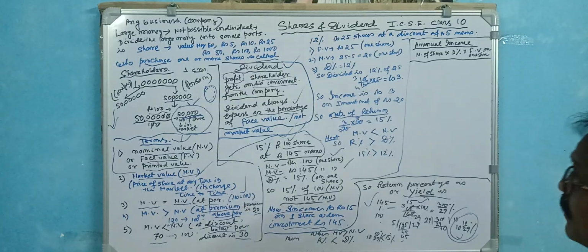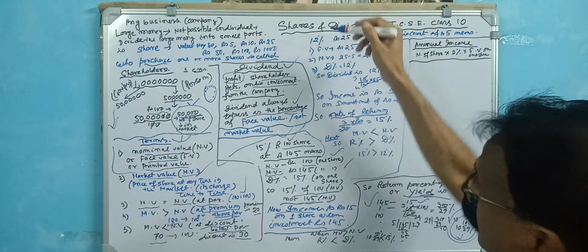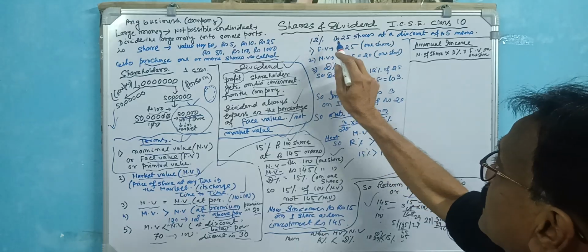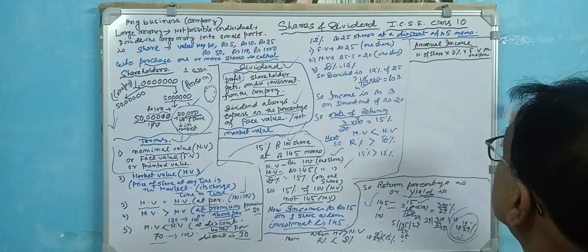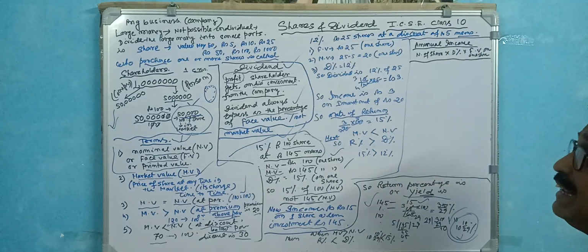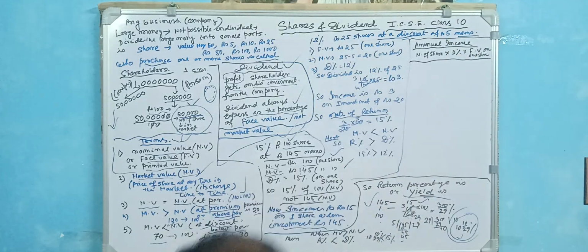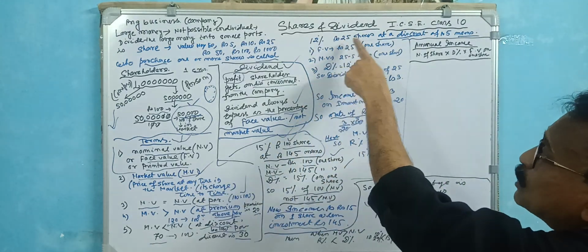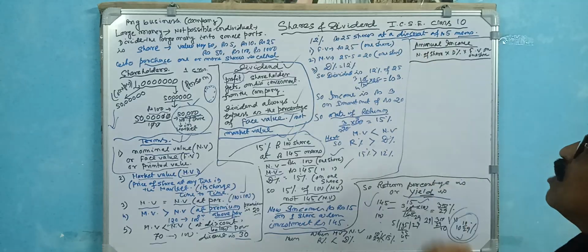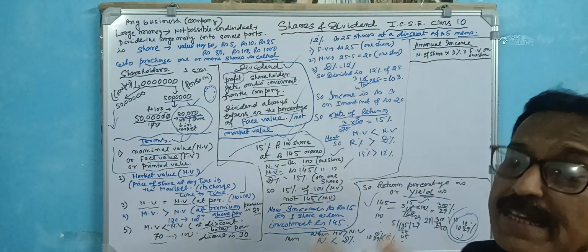বাট here is 12% other sum, 12% rupees 25 share at discount of rupees 5 means, এখানে একটা কোশ্চেন, জাস্ট an example of this here, 12% rupees 25 share at a discount of rupees 5 means, what is the meaning?